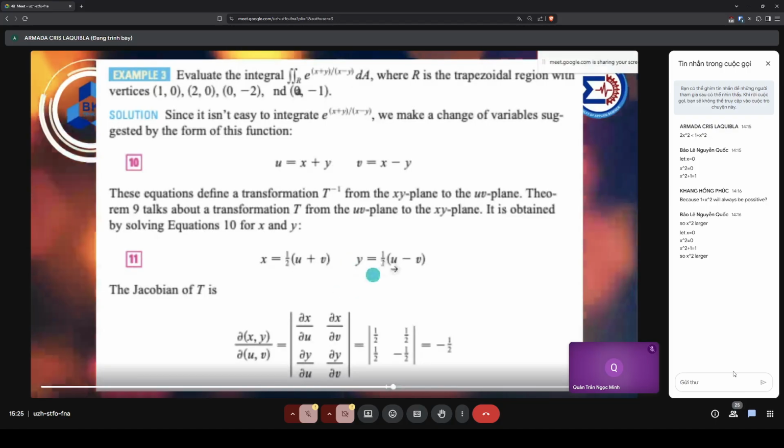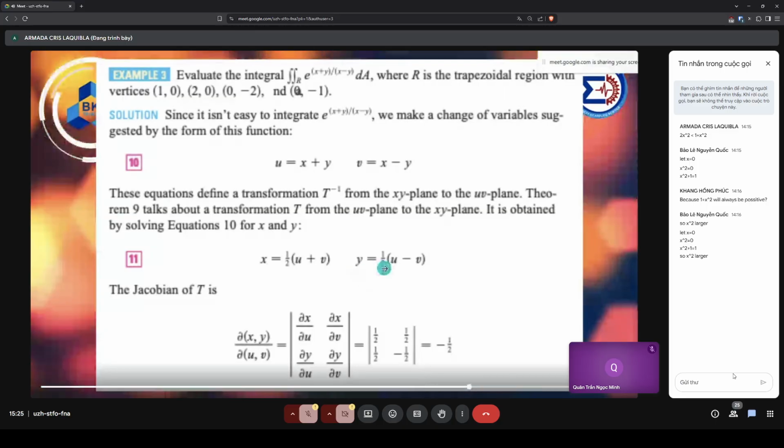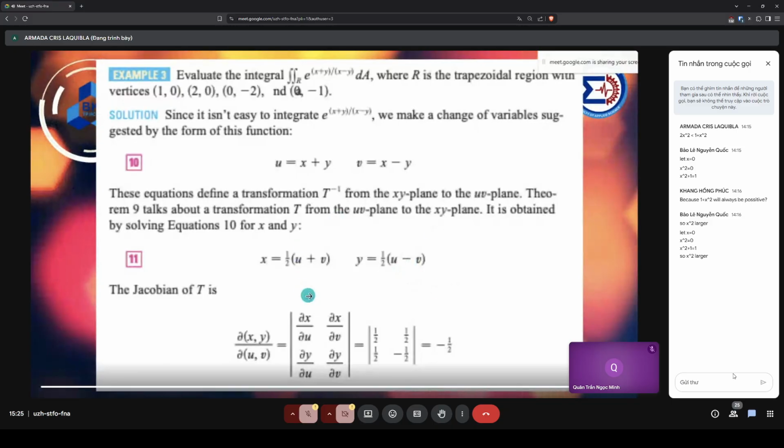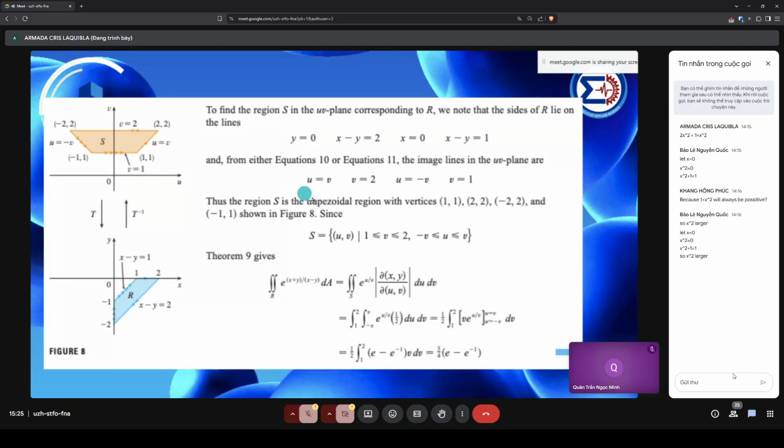When your y is 0, transfer there 1/2. So multiply this by 2. So 2 times 0 is still 0. And you have your u minus v. Transfer the v to the other side. Your u is equal to v. And which is this. u equals v.